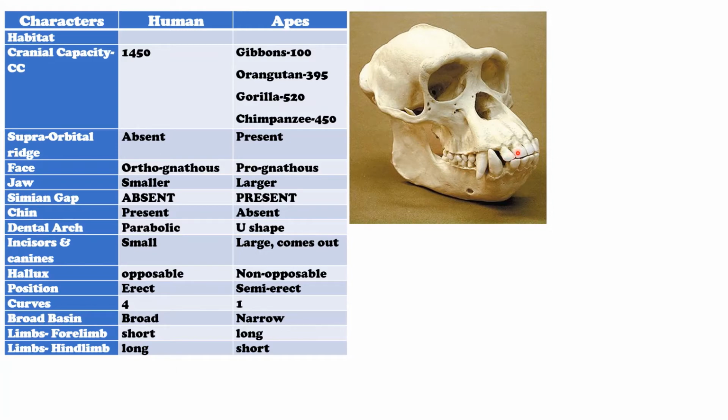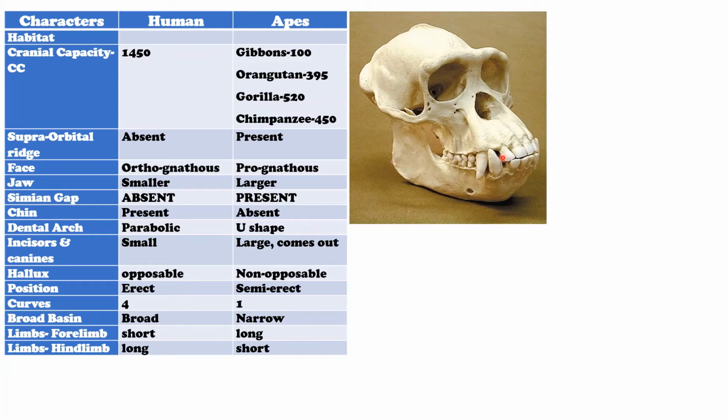Then if you see the teeth, the incisors, canines, premolars and molars are small in humans as compared to apes. Then there is a gap present between the incisors and canine. This gap is called the simian gap. This simian gap is absent in humans, which is present in apes. The chin is present in humans, whereas the chin is absent in apes, even in our ancestors.